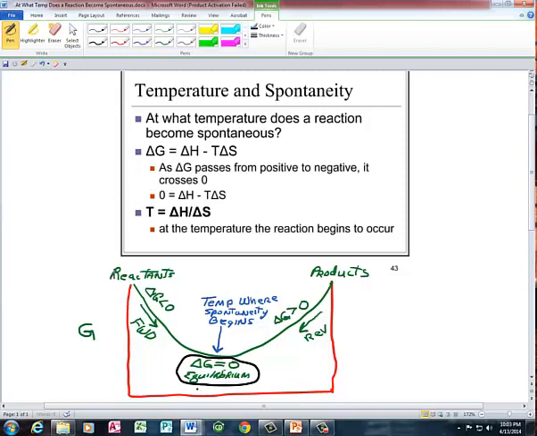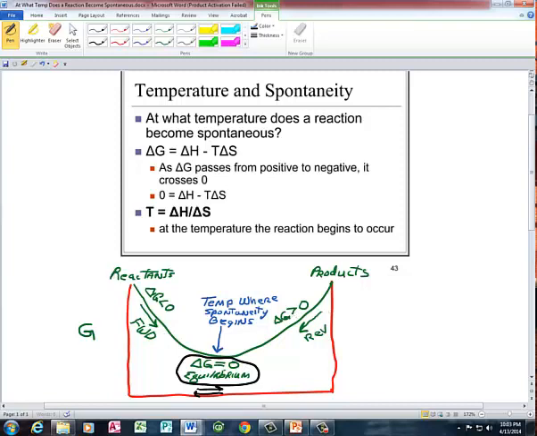That's where the rate of the forward reaction is equal to the rate of the reverse reaction, and the reaction is non-spontaneous in either direction. Now we know from previous examples that if delta G is less than 0, it's a negative value, the reaction is going to be spontaneous in the forward direction. If delta G is greater than 0, it's a positive value.